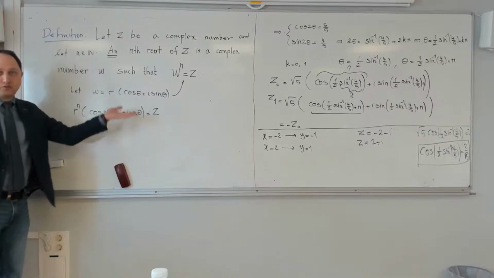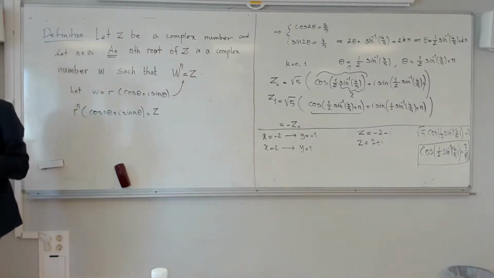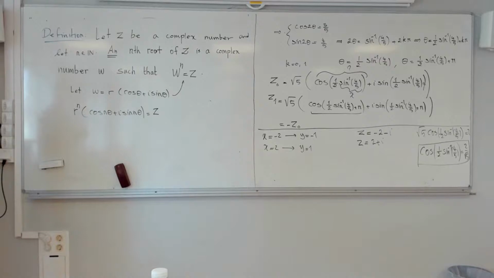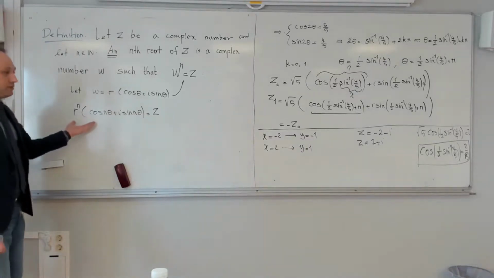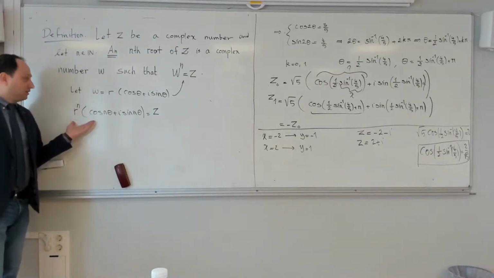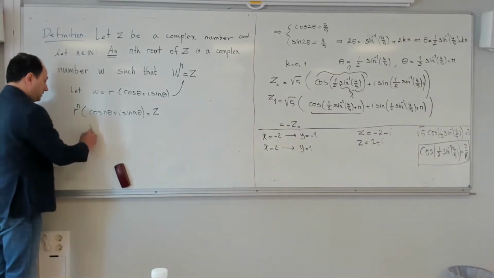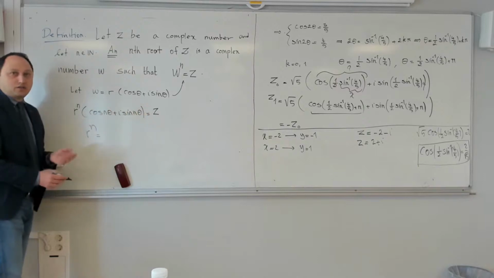Now can you tell me what I should do after that? It's very similar to what we started today. Calculate R, the absolute value. What is the absolute value of the left-hand side? R to the n. What is the absolute value of the right-hand side?